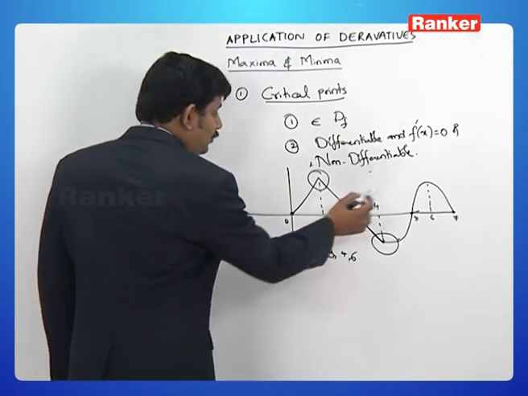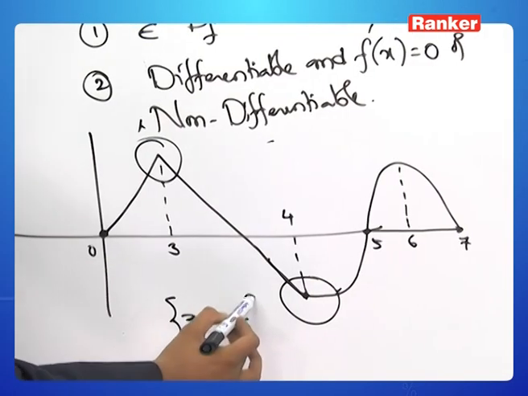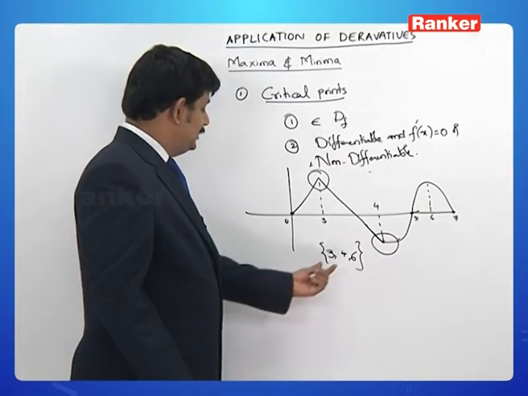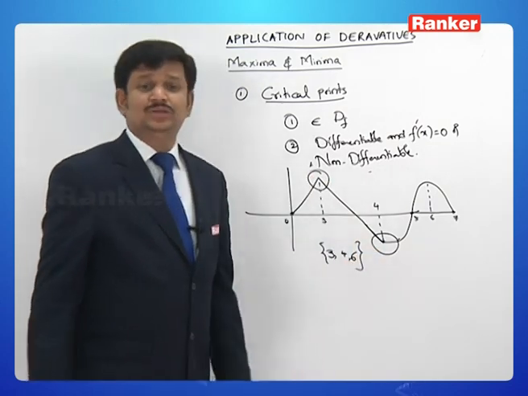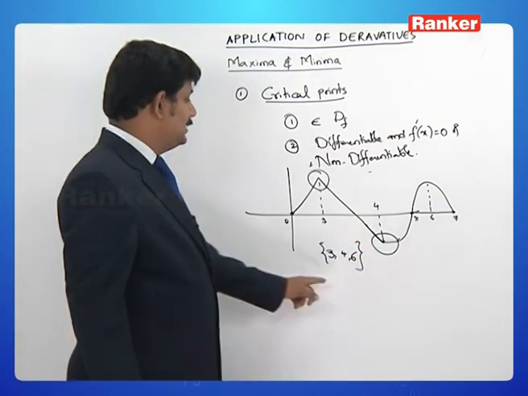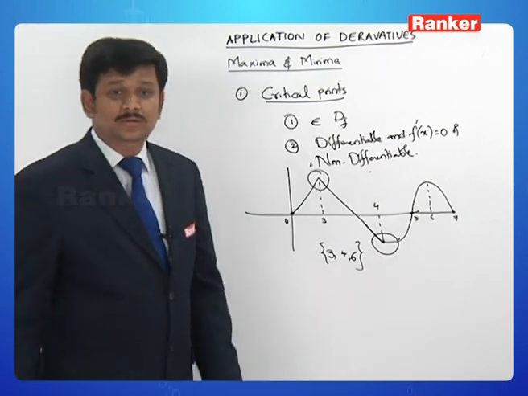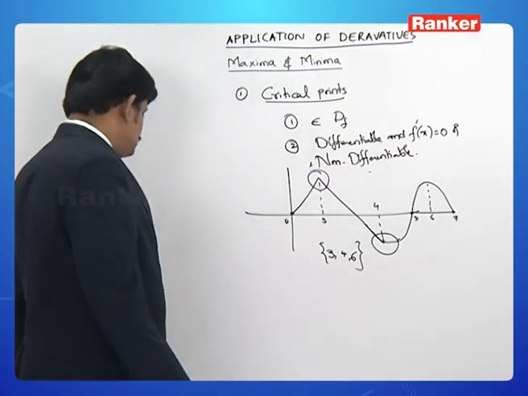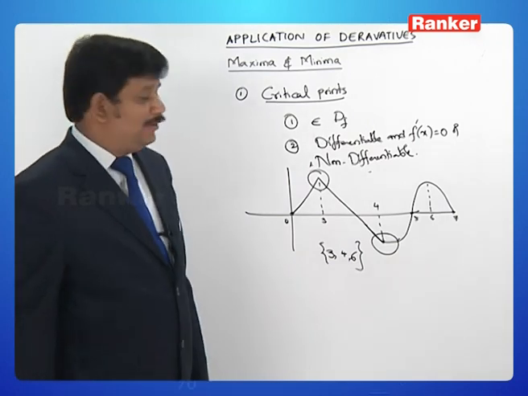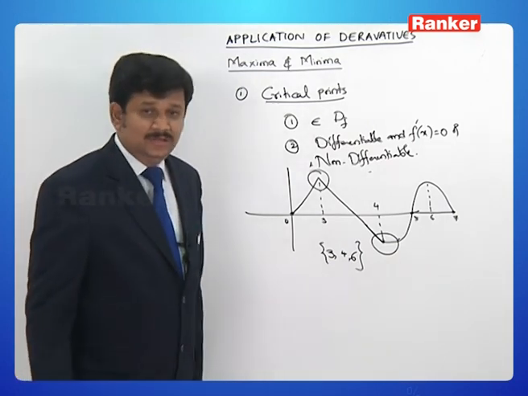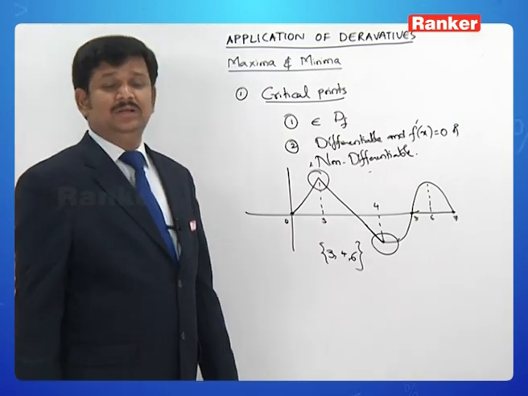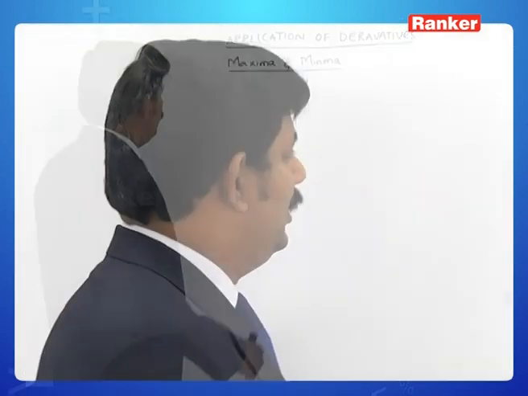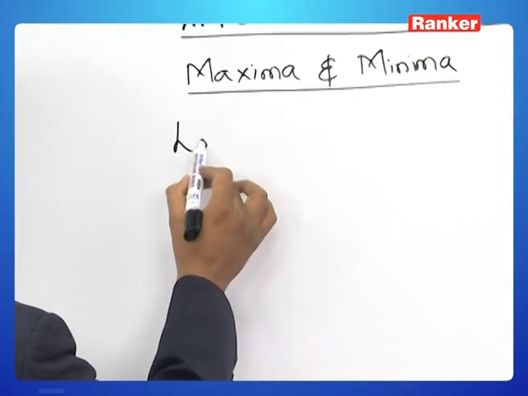So, we have only 3 critical points, 3, 4 and 6, all of them belonging to the domain. 3 and 4 are critical points because the function is not differentiable there, and 6 is a critical point because the derivative is equal to 0 at 6. So, in order to find critical points, we have to check for points of non-differentiability or points at which the derivative is 0. Then let us look at the definitions of local maxima and local minima.